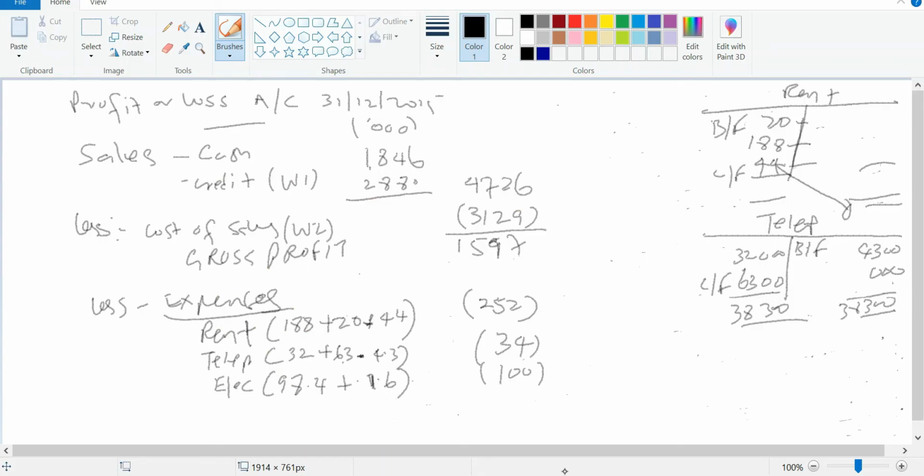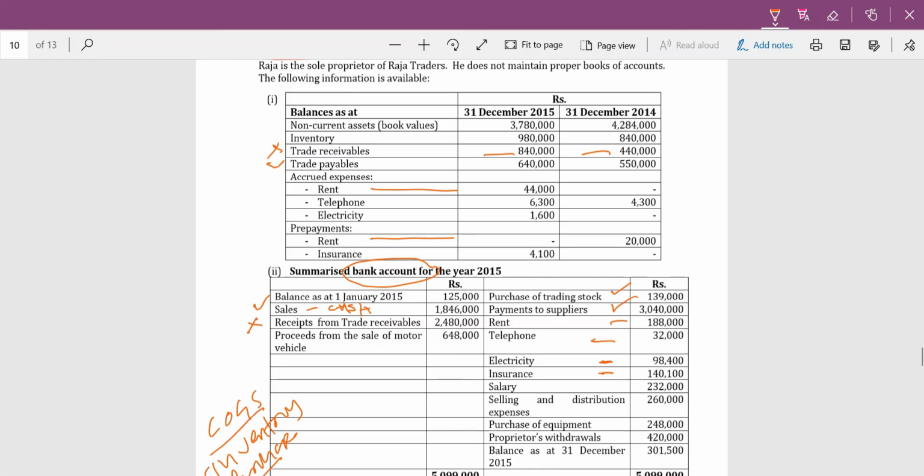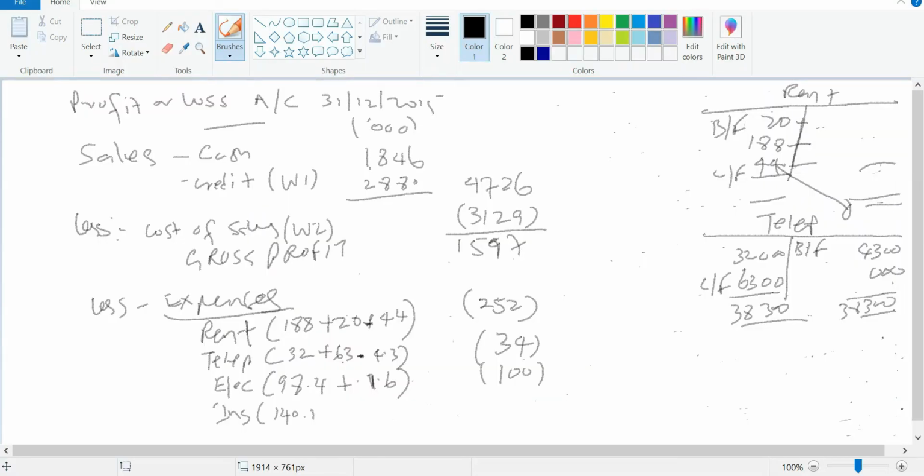Now let's move on to the other expense, which is insurance, 140,100. Check whether there are any prepayments. Yes, for insurance there is 4,100 prepayment at the end of the year. There are no prepayments in the beginning, and no accruals. So what you should do is deduct this 4.1.